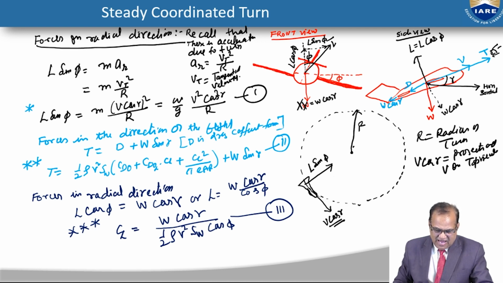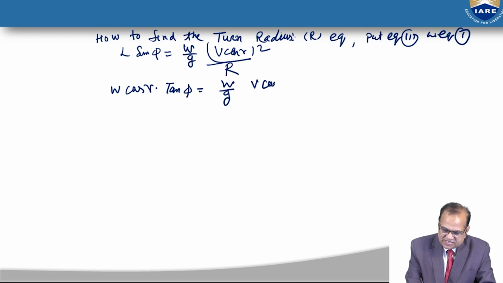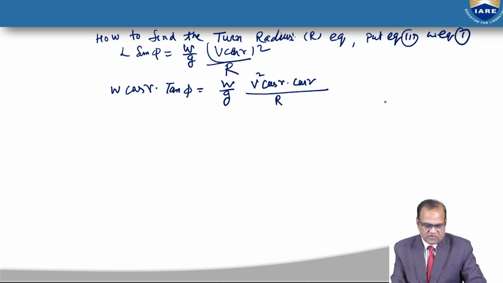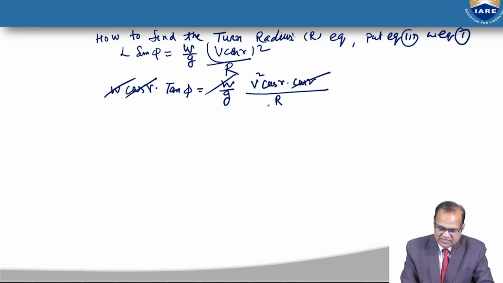So we can write this L sin phi by cos phi. So we can write here that W cos of gamma into tan of phi is equal to W by G, V square cos square gamma divided by R. So here cos gamma and W have gone.